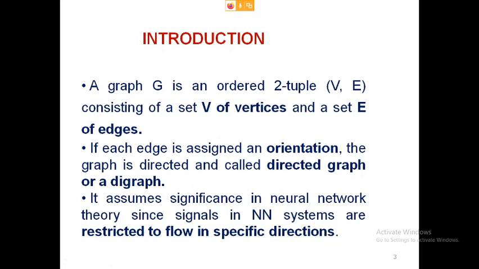The data will be processed from input neurons to hidden neurons and hidden neurons to output neurons, or from one neuron to another neuron in the given direction only. The data will be processed only in the direction of the arrow, like in the directed graph.